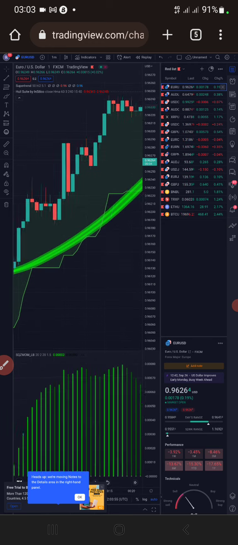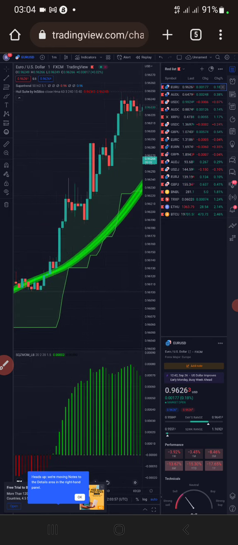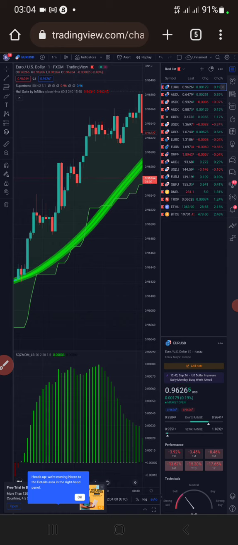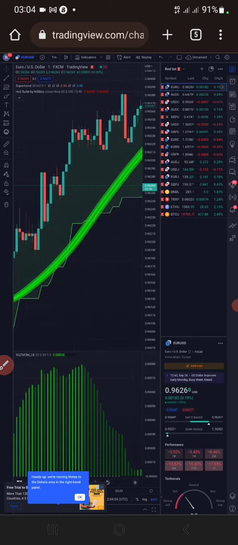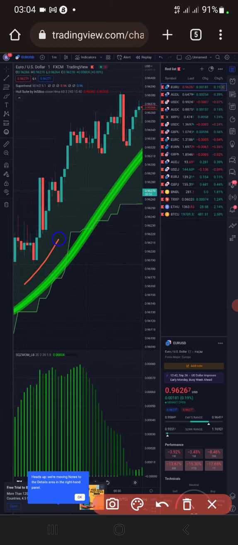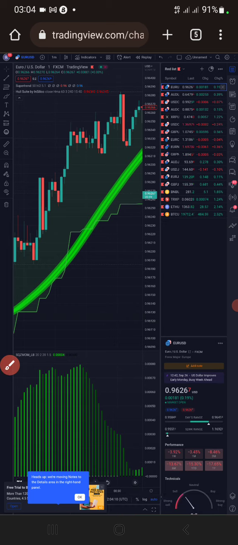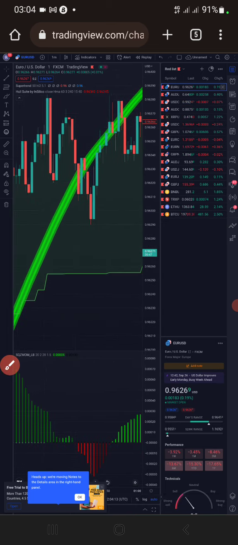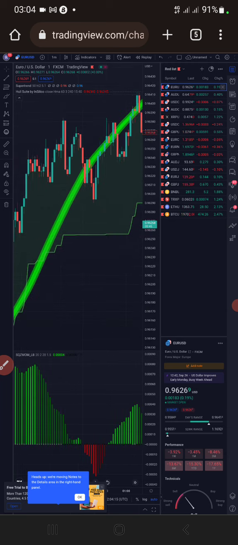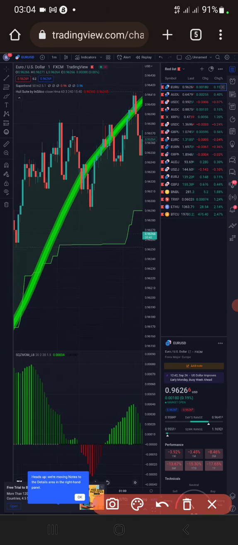So we can see that it is white over here, the market is in a trend. And it is in a squeeze over here, and we can see that the market was not in a trend over here.